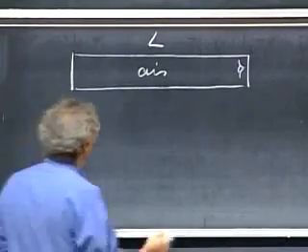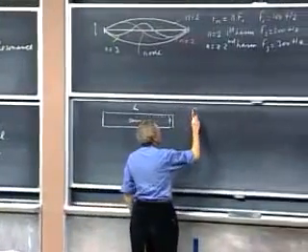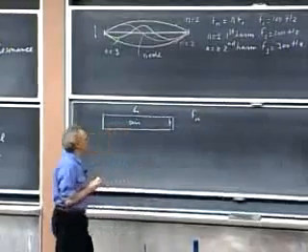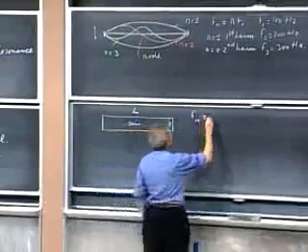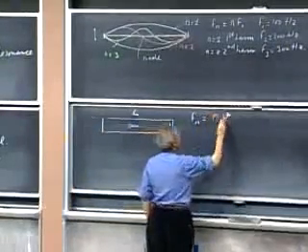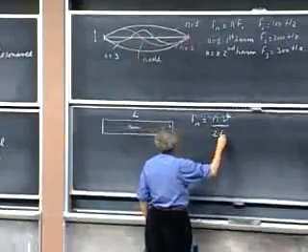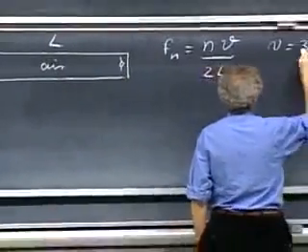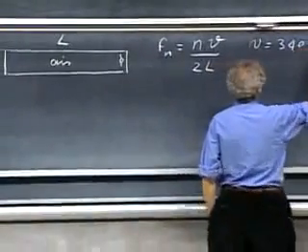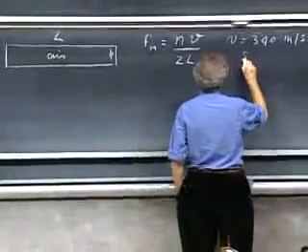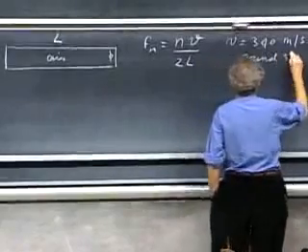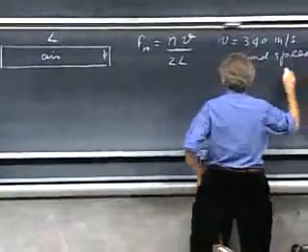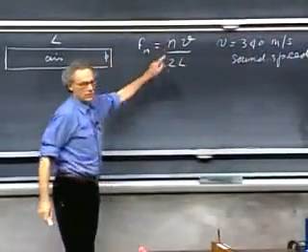In this case, the nth mode, the nth harmonic, is given by n times the velocity of sound divided by 2L. And v is about 340 meters per second at room temperature, so it is the sound speed. Notice it's again linear in n.